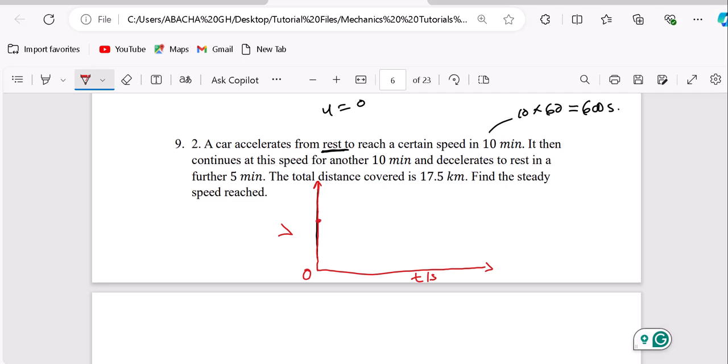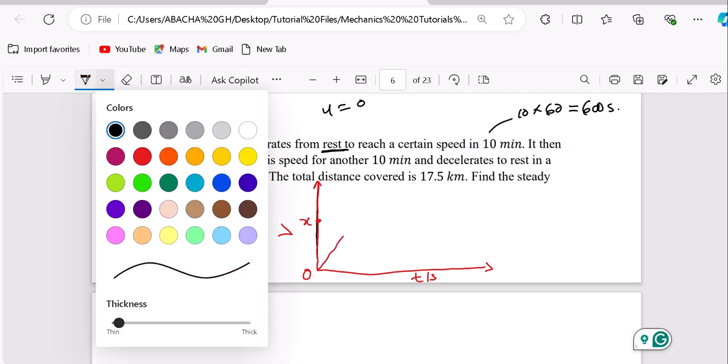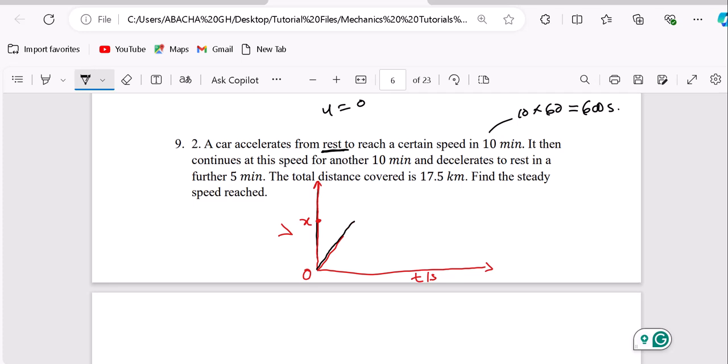Let's assume that the speed, we don't know it, we can put x there. As it starts here, it reaches that speed, and it uses 10 minutes, which is equivalent to 600 seconds.